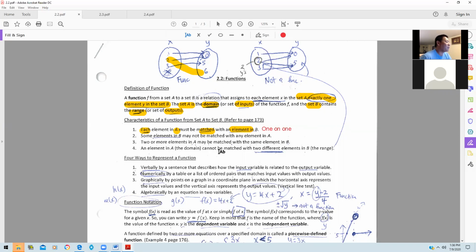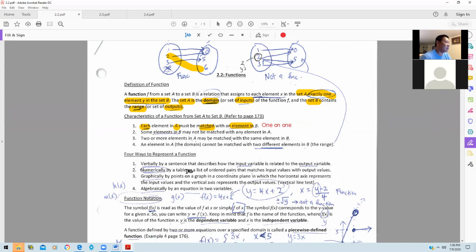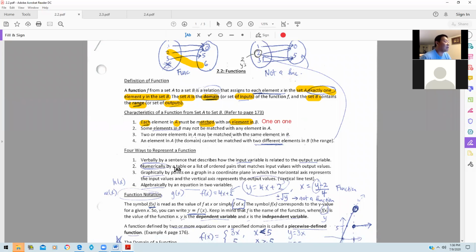There are 4 ways to represent functions. Verbally means in writing. For example, I can say every student's birthday month. In this case, this is going to be a function.